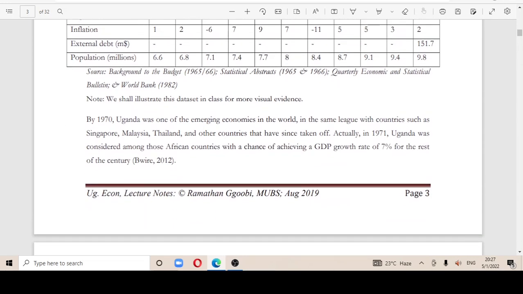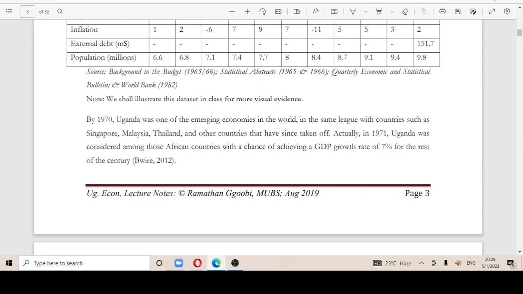So by 1970, remember, Idi Amin had not yet come on board to rule over Uganda. By 1970, Uganda was one of the emerging economies in the world, in the same league with countries such as Singapore, Malaysia, Thailand, and other countries that have since taken off.